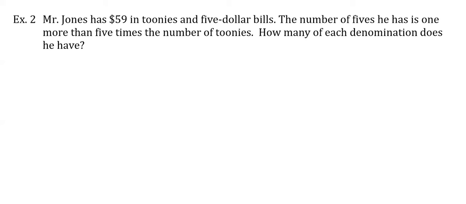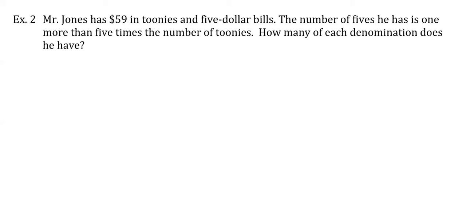This one's a bit more convoluted, I would say. Often the ones that we do tell you how many coins they have. So it's like the first one. But again, it's giving us how much money he has in total.